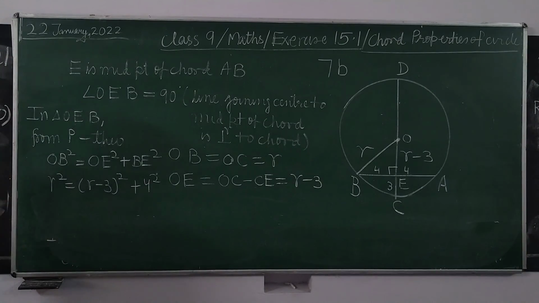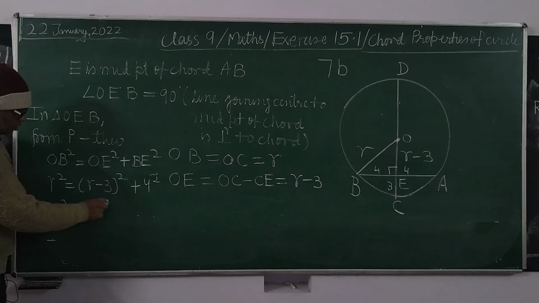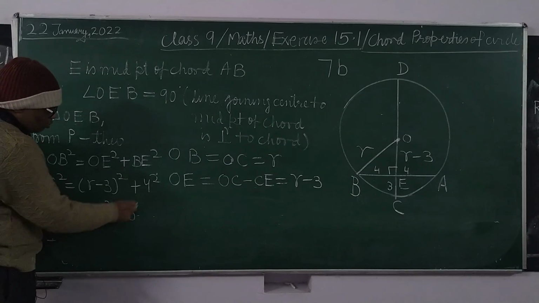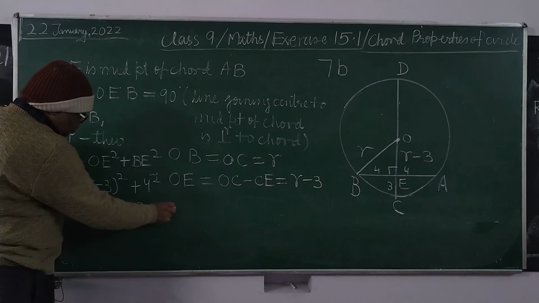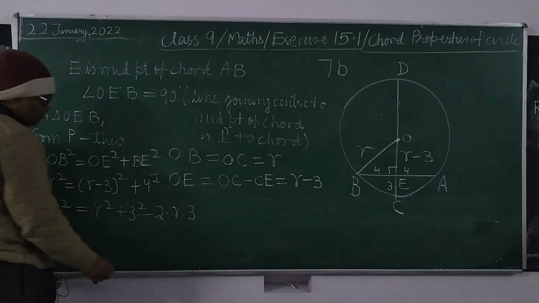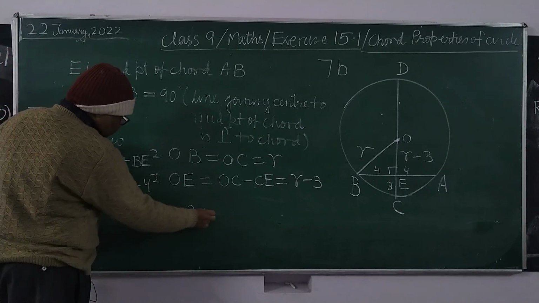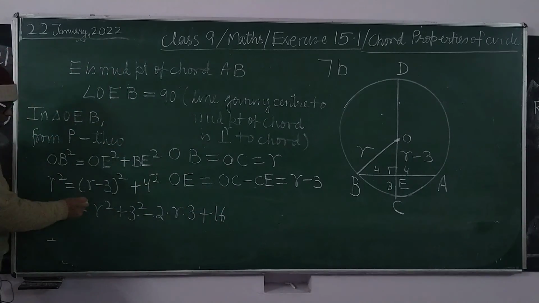So now you simplify this. R square, this we can open by using (a minus b) whole square equals a square plus b square minus 2ab, that is R square plus 9 minus 2 into R into 3, and 4 square is 16. So R square and R square cancel.